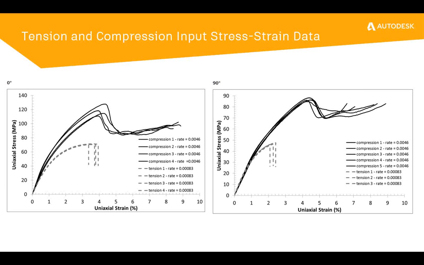In compression, we get that load plateau. In tension, we get rupture and drop off to zero. So what this tells us as structural analysts, as plastics engineers, is that if we want to not only predict the correct deflection, so the stiffness response of our parts, but also predict the correct strength of our parts, we need to be able to differentiate between tension and compression.